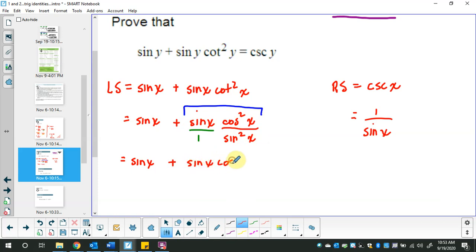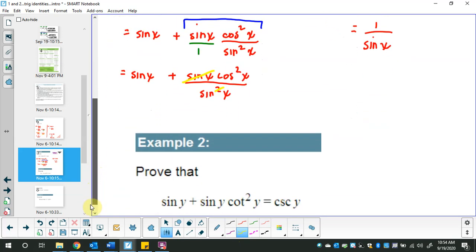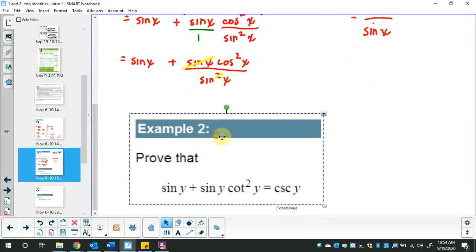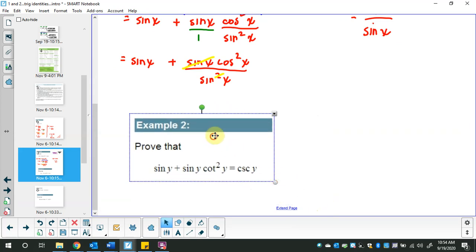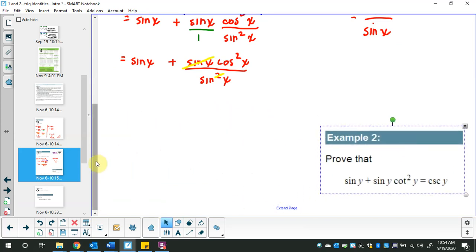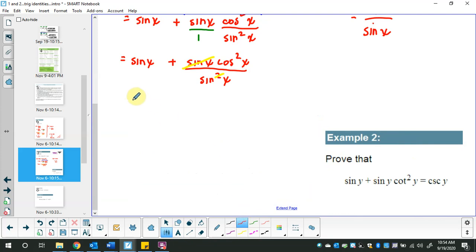So sine x times cos squared x over 1 times sine squared x. I can cross out one of these with one of these. And then I'll have sine x plus cos squared x over a single sine x.